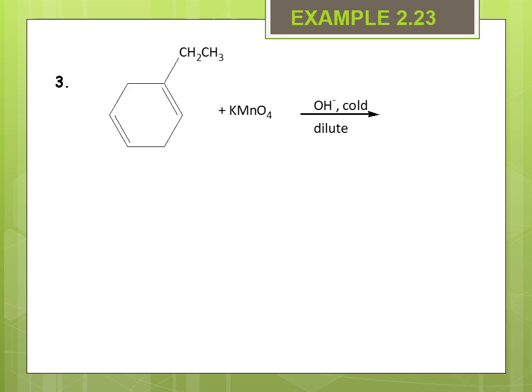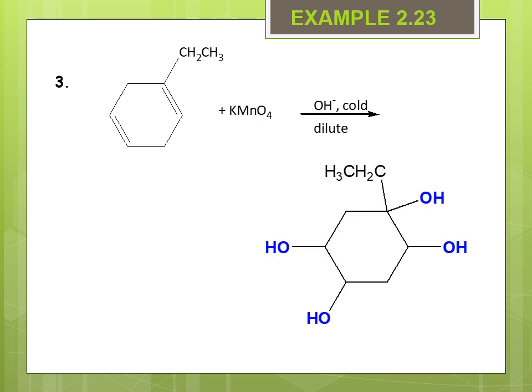Question number 3. We have 2 double bonds here. So what is the product that is going to be produced from this reaction? Let's see. Yes, both of the double bonds will be occupied with as much as 4 hydroxy groups now. And what is the name for this complex compound?